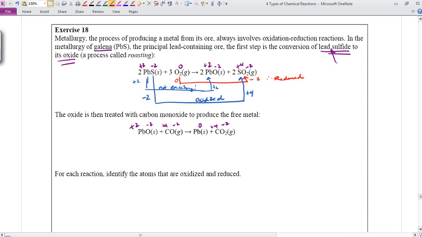So what's the story here? My brain likes to start with the reduced. So lead was a +2, and it has gone down to be 0. So that's reduced. And so the oxidized is going to be my carbon because, nope, it's +4 on both sides.